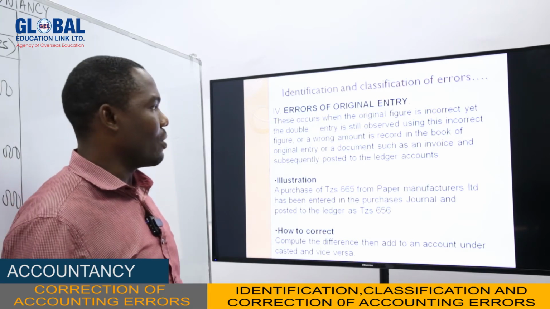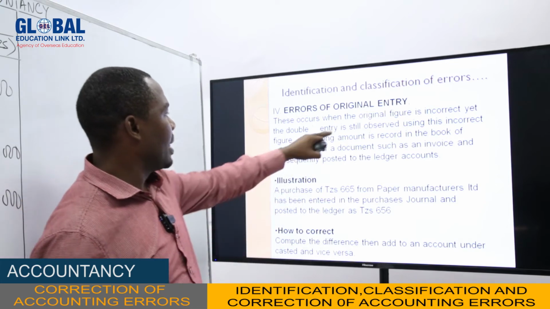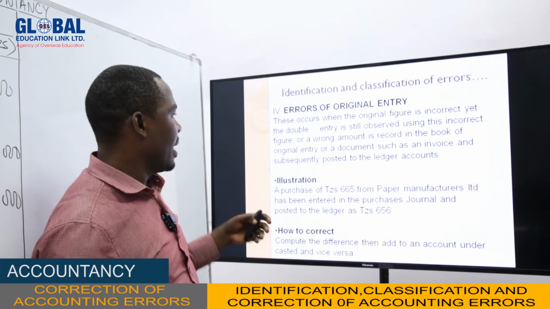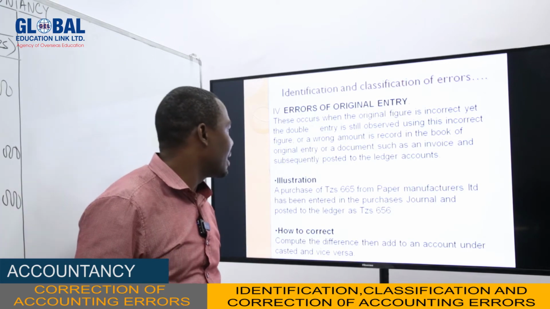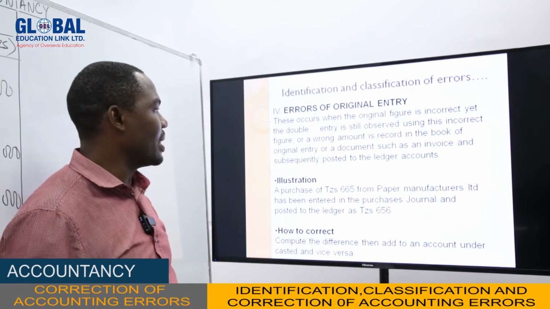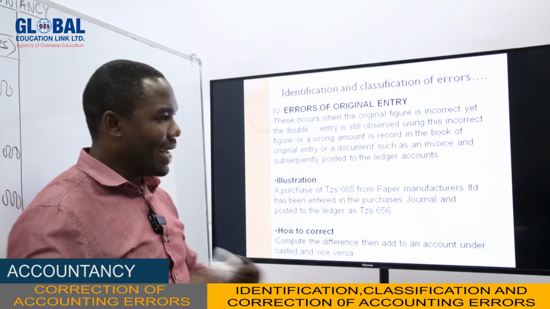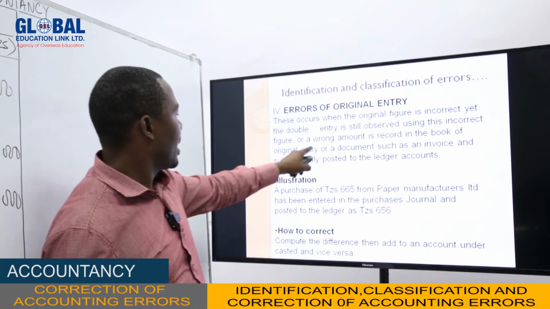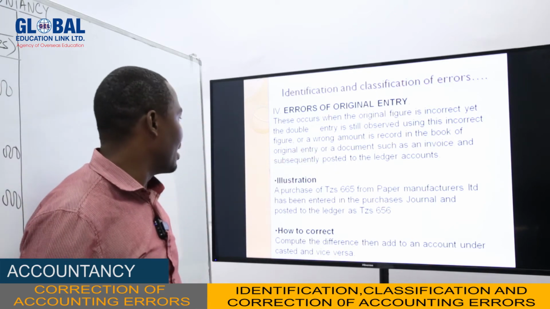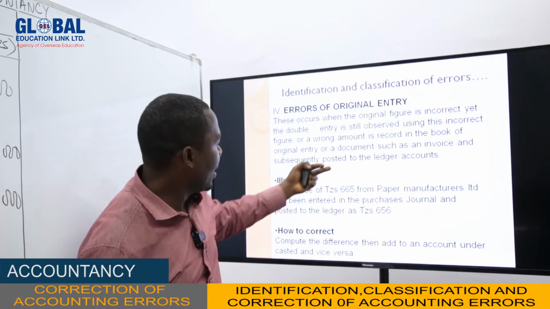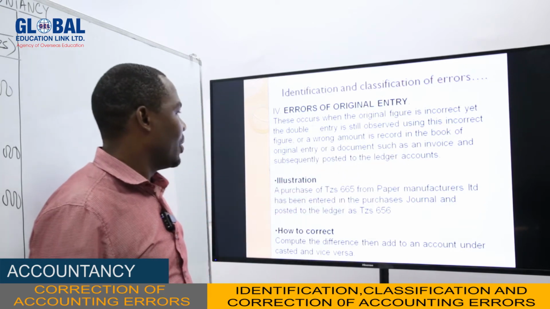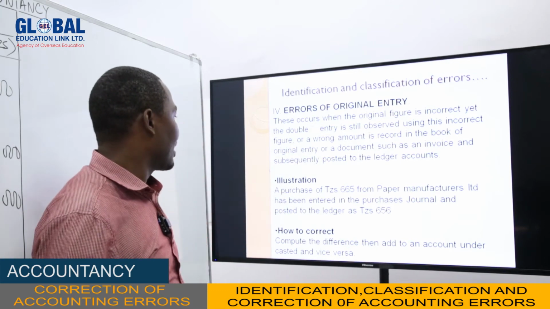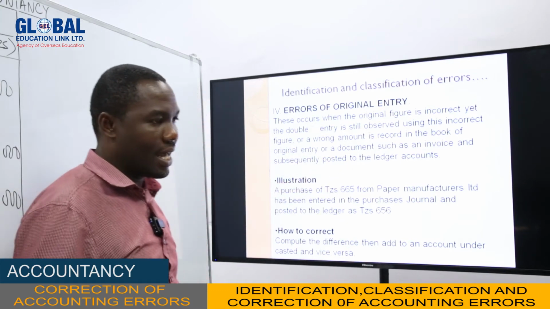So normally errors of original entry is when the original figure is incorrectly entered, and yet the double entry is still observed using this incorrect figure. You enter the wrong amount in both accounts. So this wrong amount is recorded in the books of original entry, or it may be a document such as an invoice that was wrongly extracted and subsequently posted to the ledger accounts.